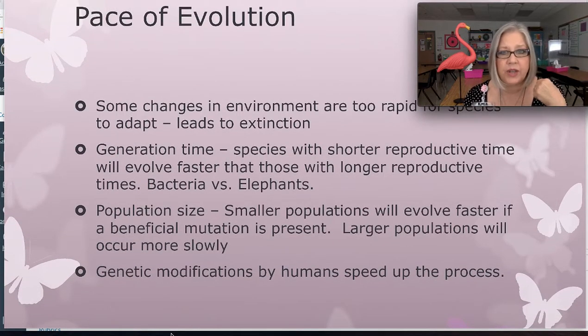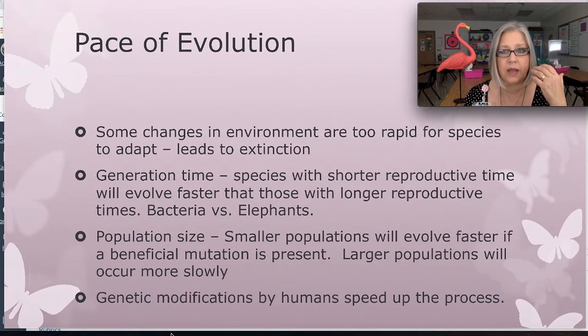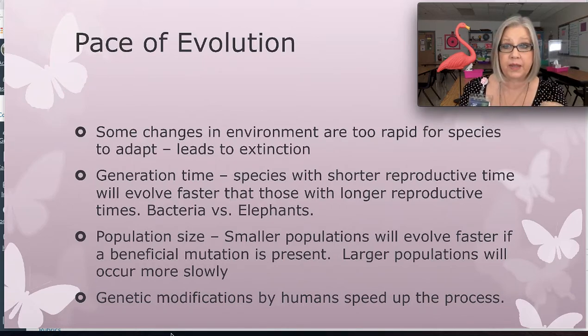So how does evolution happen? Like I said, when changes occur in the environment too rapidly, then species maybe cannot adapt enough, right? So our choices are: we adapt, we move, or we die. That's it. That's all we got. And if the changes occur too rapidly, then it's going to outpace the species' ability to evolve.